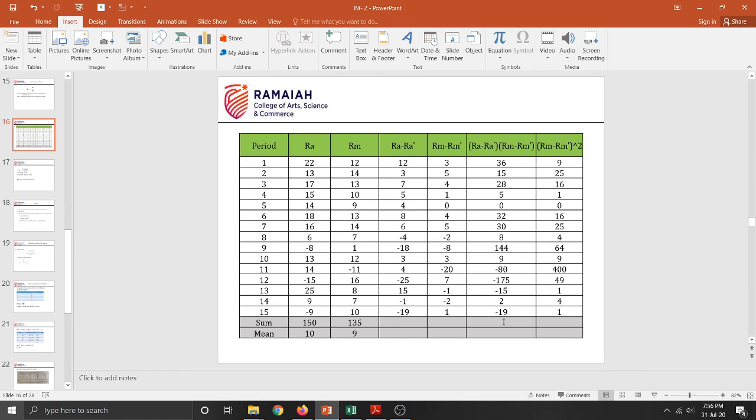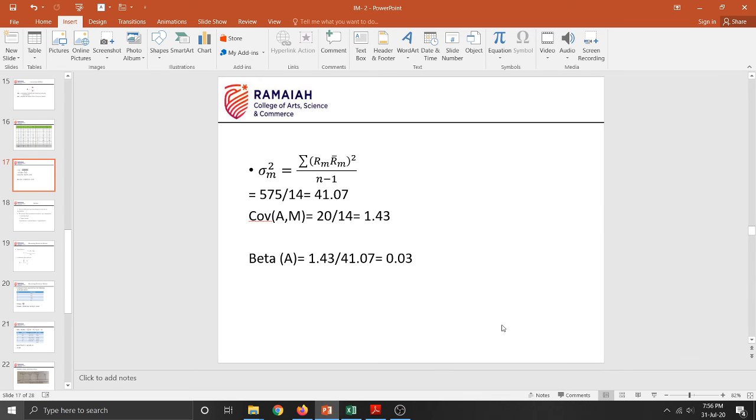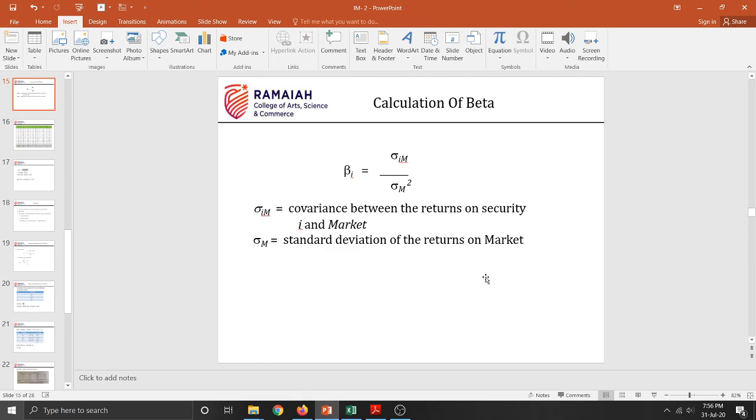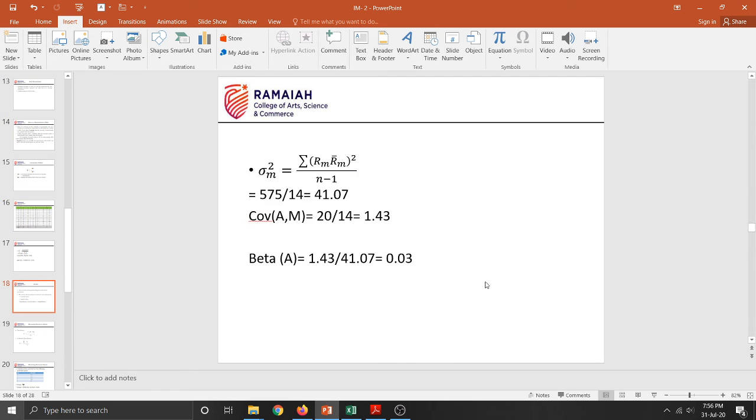Where did we get 20 from? 20 is nothing but this column's addition divided by n minus 1. That is the formula for calculating your covariance, right?